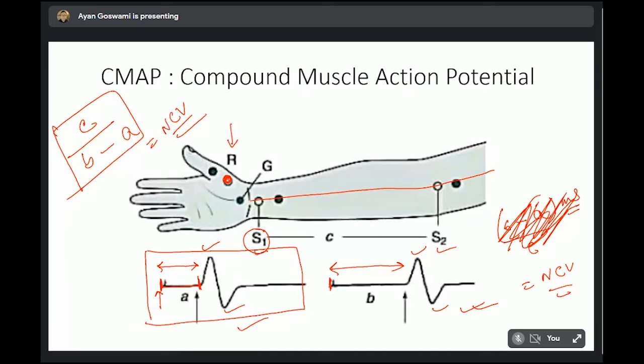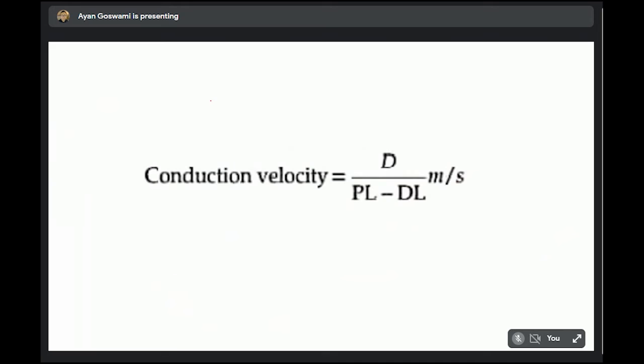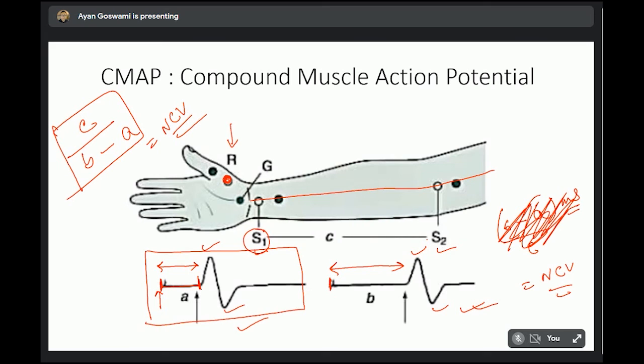Whatever you measure, if you measure in centimeters, it will be centimeters per millisecond, so anyway you have to convert it into the unit of meters per second. So proximal latency minus distal latency: distance divided by proximal latency minus distal latency. Here the proximal latency is B and the distal latency is A. S1 is the distal point, S2 is the proximal point.